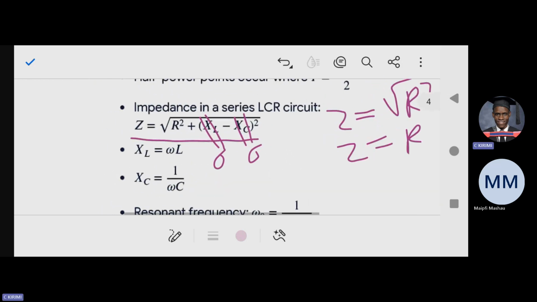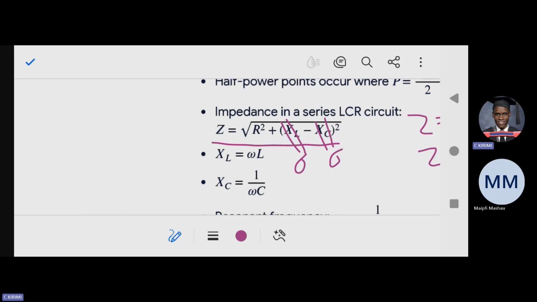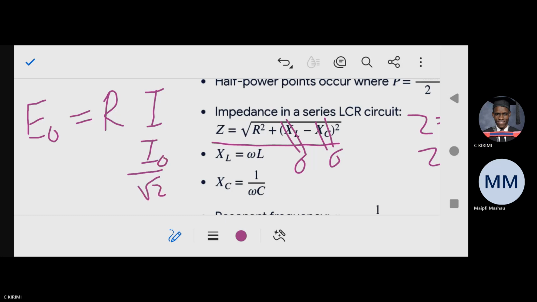So which means if my current drops, if my EMF, E naught, the voltage, is equal to the resistance R multiplied by the current. So if my current is now I naught over root of 2, which means my resistance must also increase.